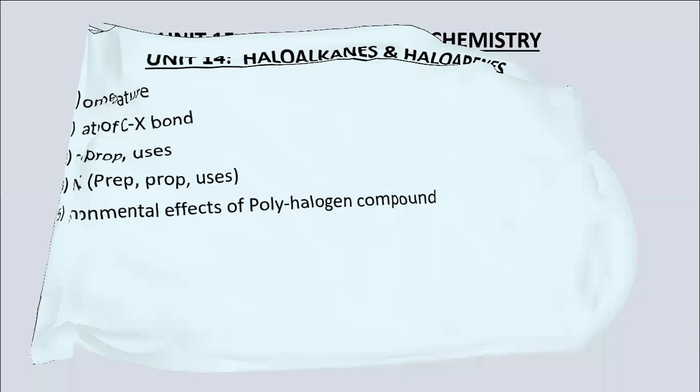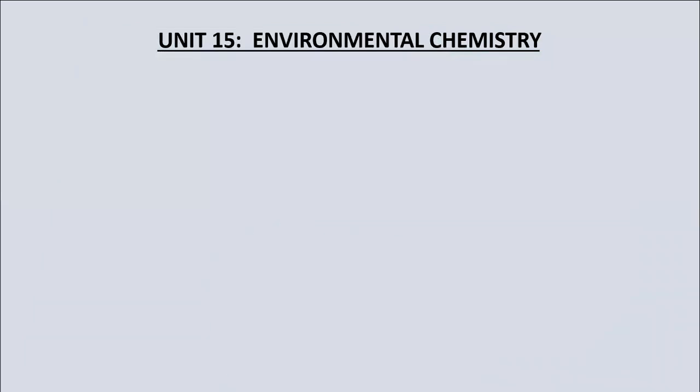So next we'll move on to the last unit, environmental chemistry. Under this unit we are going to study what is meant by environmental pollution and its types. We all know how our environment is getting polluted. Okay, many types we can say, like soil pollution, air pollution, like that.